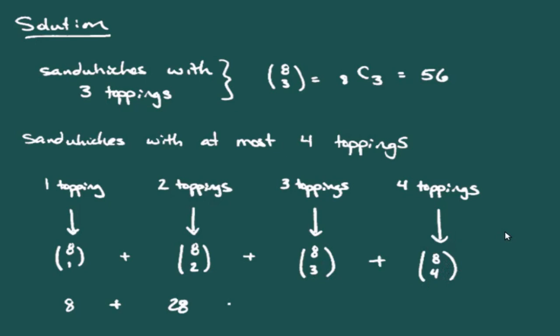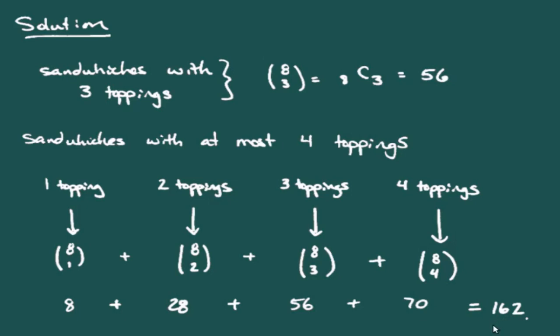And for our total number with at most 4, we're just going to add together all of those possibilities. Using our calculator to compute these combinations, 8 choose 1 is 8, 8 choose 2 is 28, 8 choose 3 is going to give us 56 like we had before, and 8 choose 4 is going to give us 70. If we add those together, 8, 28, 56, and 70 gives us a total of 162 sandwiches in which we can have at most 4 toppings.